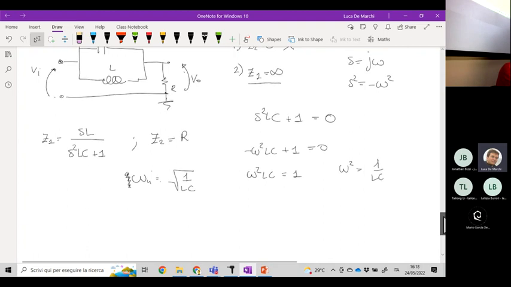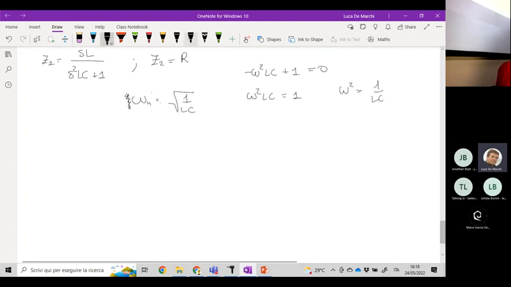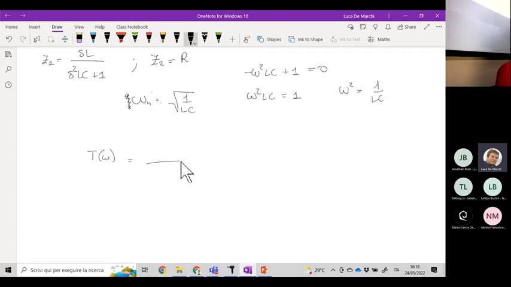So the transfer function associated with this circuit is s² plus omega_n², where omega_n is the zero angular frequency, divided by the conventional expression of the denominator, s² plus s times omega_0 over Q plus omega_0².